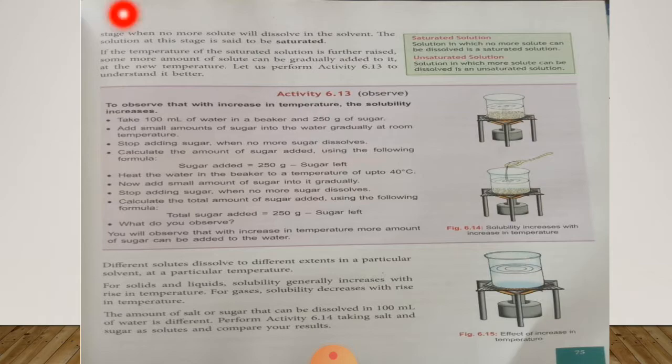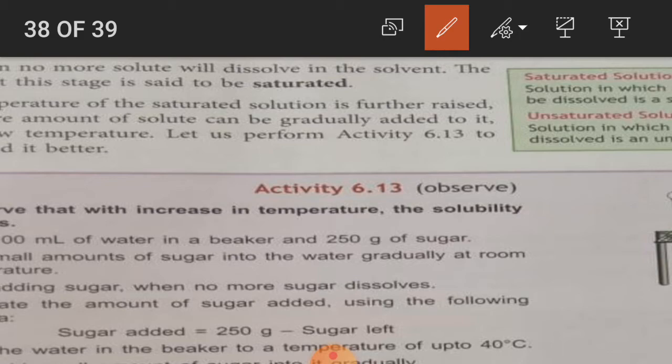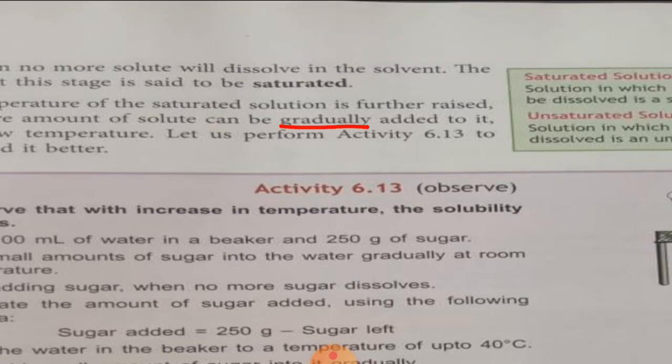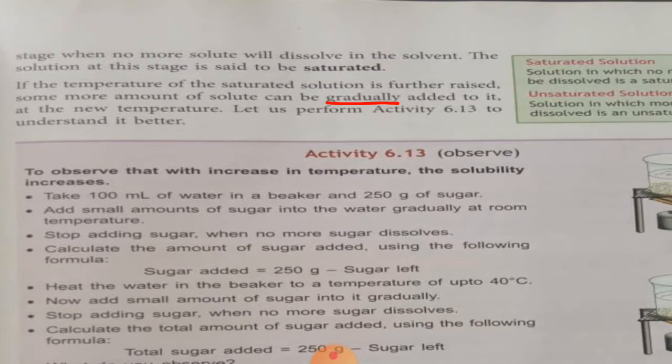If the temperature of the saturated solution is further raised, some more amount of solute can be gradually added to it at the new temperature. Here you have to underline gradually. Gradually means slowly. So, if the temperature of the solution is increased, some more solute can be added to it.